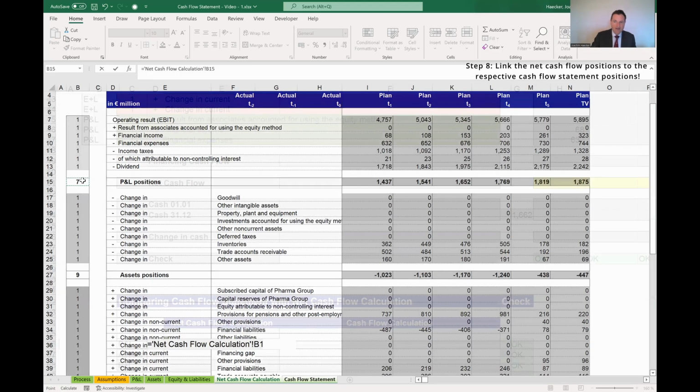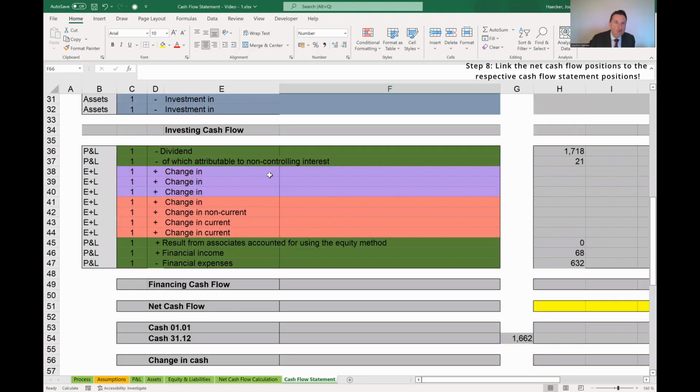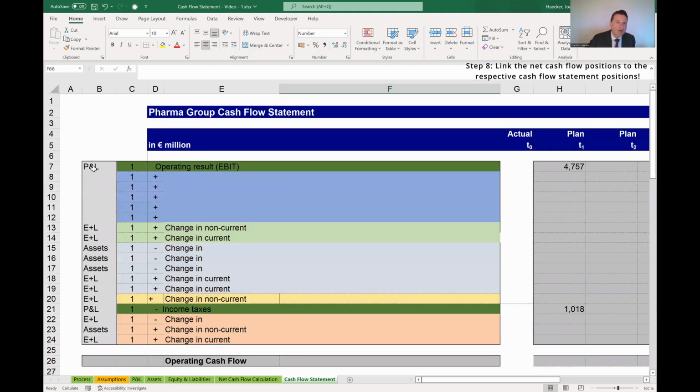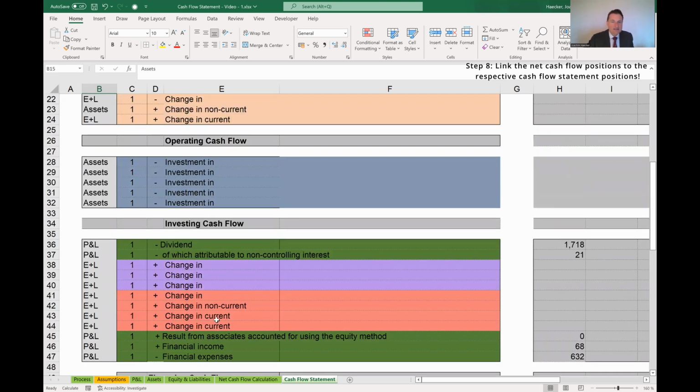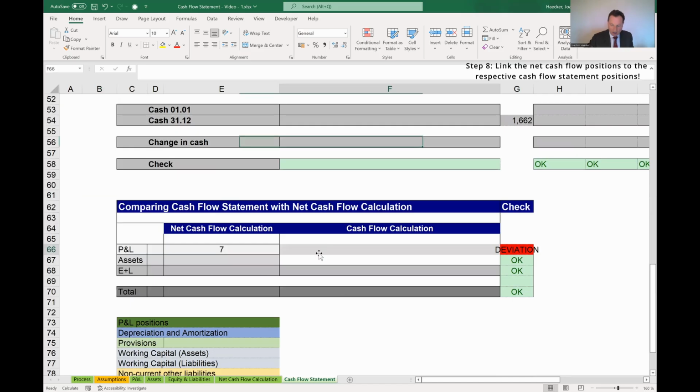How many P&L positions do I have here? I just wrote down the words P&L, equity, liability, and asset in order to distinguish between profit and loss account, balance sheet left, balance sheet right side, basically. And how can I link or how can I count that?